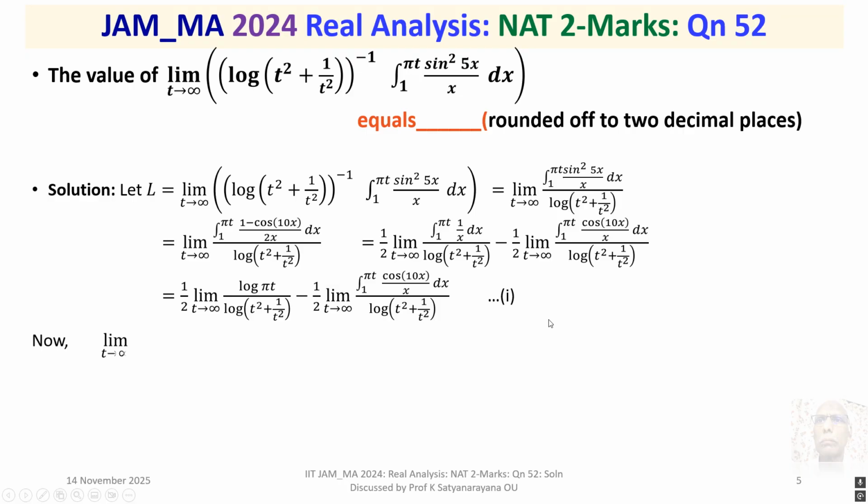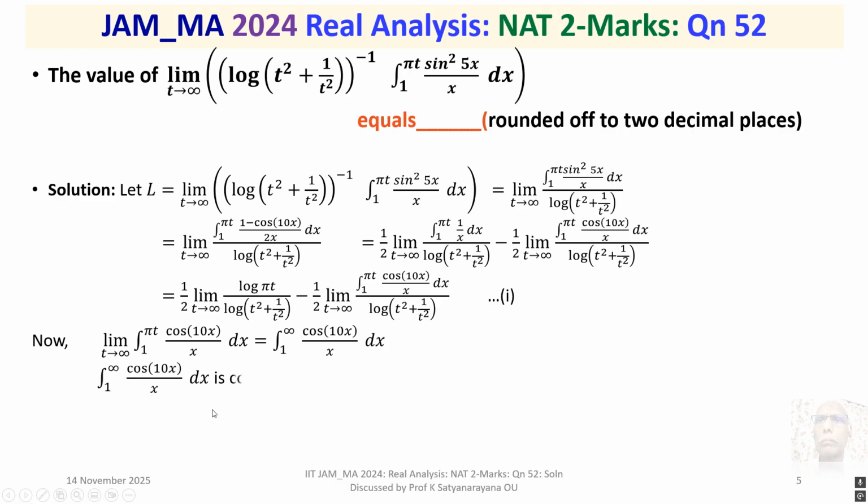Right. Now, we take the second limit. This limit t tends to infinity, integral from 1 to pi t of cos 10x by x dx is integral from 1 to infinity of cos 10x by x dx, because t is tending to infinity. We remember this is an improper integral, which can be evaluated; in other words, we can say whether it is convergent or divergent using a test.